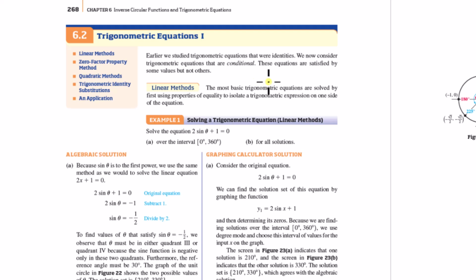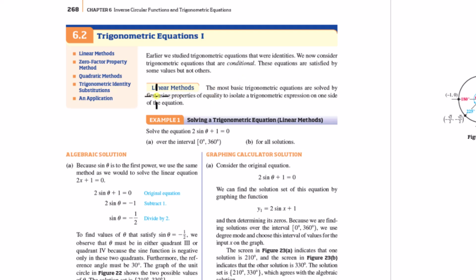So we're going to see with trig equations, technically there's going to be an infinite number of solutions because the trig functions are periodic, but it's still conditional because it's satisfied by some values but not others. An identity is satisfied by all values within the domain. Conditional is satisfied by just certain values. Okay, so that's what we're referring to here. And then also in section 6.4, when we talk about equations that involve inverse trig functions, it's the same idea. You're going to have an equation with inverse trig functions in it, but it's a conditional equation.